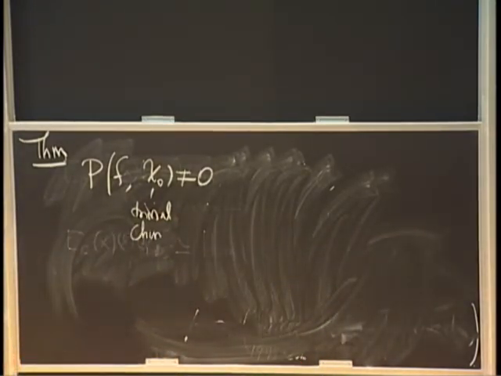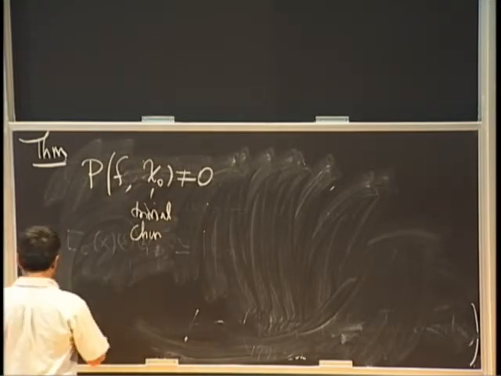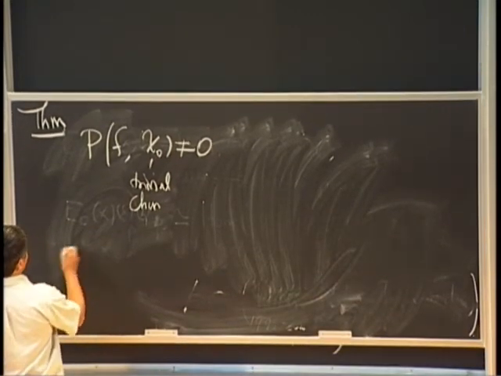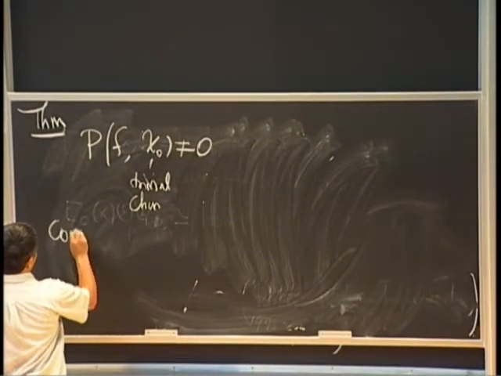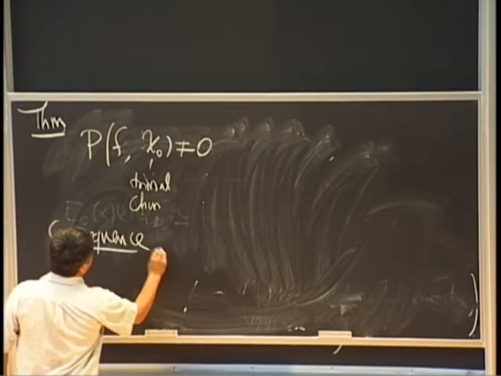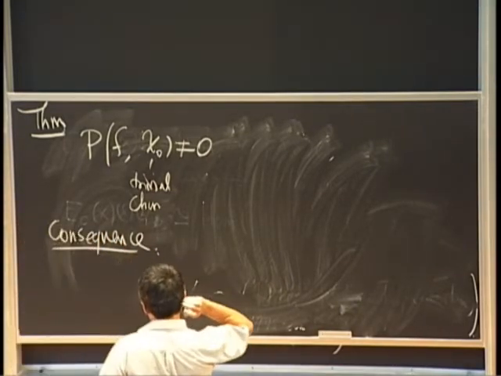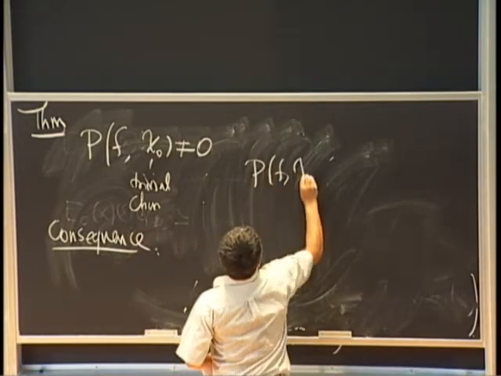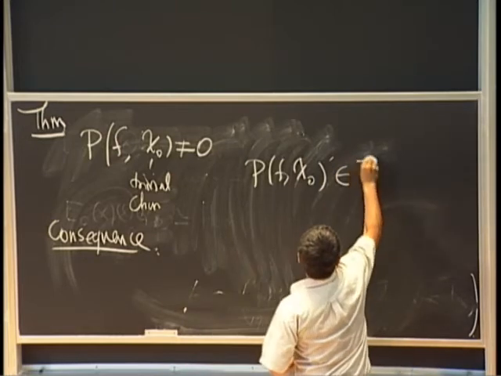And consequently, he proved the following. The reason is that this P of chi_0 is basically inside E(K).